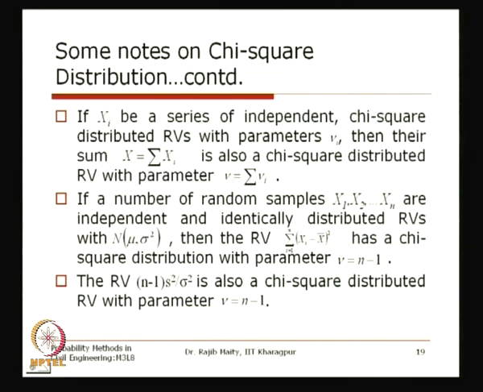The first one is that when we take the difference from a particular value, square them and add them up, this property is generally used to test the goodness of fit. When we take sample data, we look at the distance from the target distribution.